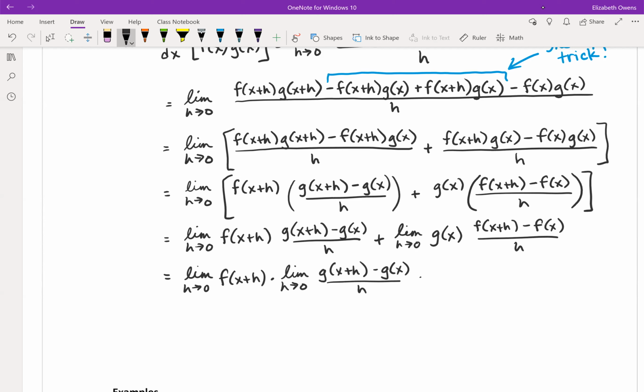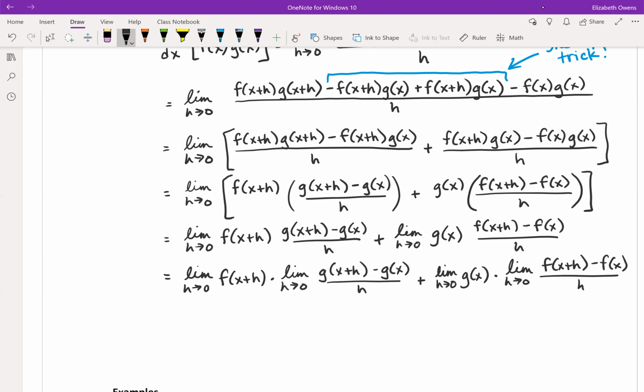And then same exact thing on the next one. Take this limit of a product, turn it into the product of two limits. Limit as h approaches 0 of g of x, times the limit as h approaches 0 of f of x plus h minus f of x over h. Ta-da! So we've broken this down quite a bit now.